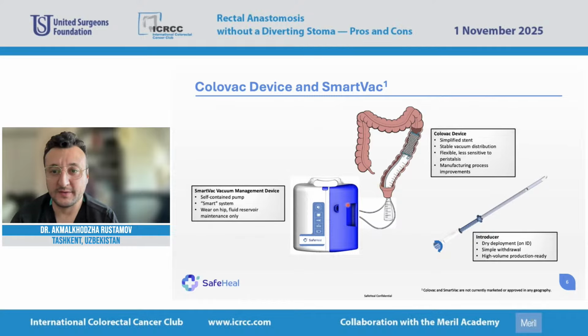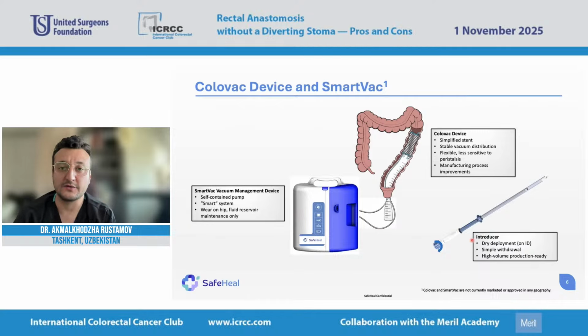The SmartVac, shown on the left side, is a self-contained computer-controlled vacuum pump that automatically maintains the correct negative pressure. It alerts the team in real time if there is a vacuum leak, tubing occlusion, or full fluid reservoir, and can be comfortably worn by the patient on the shoulder or at the hip.